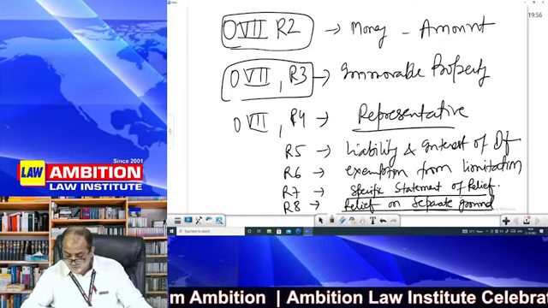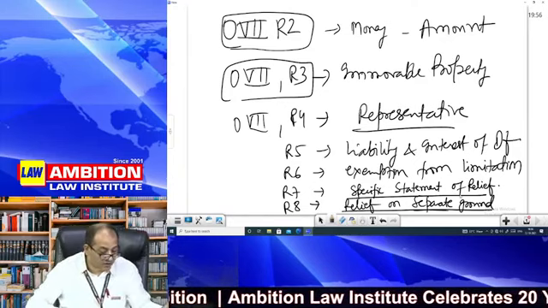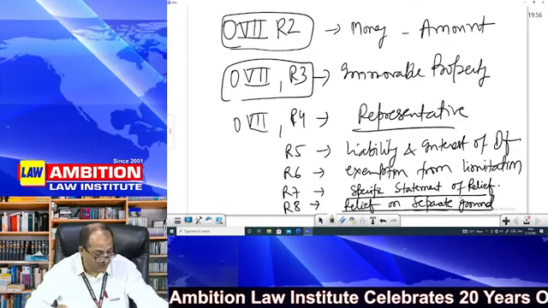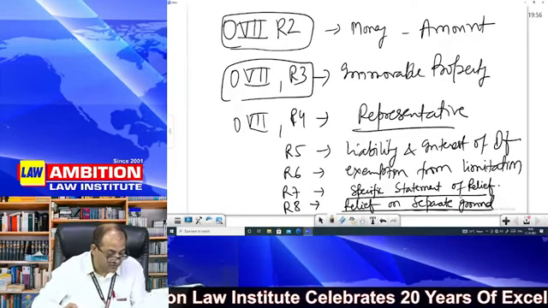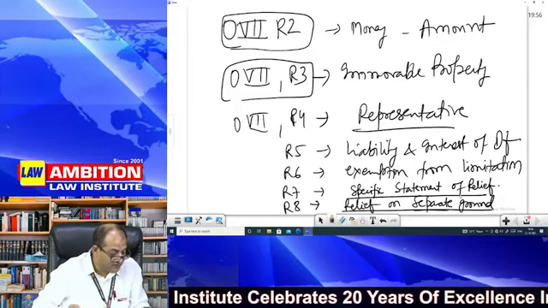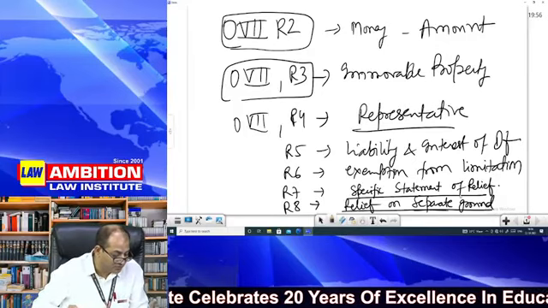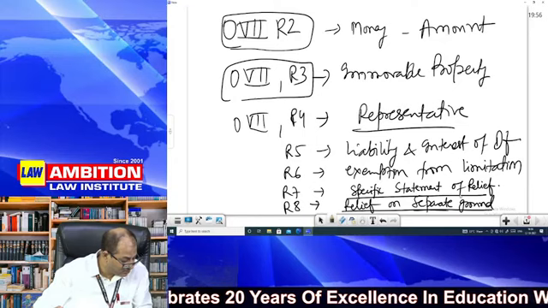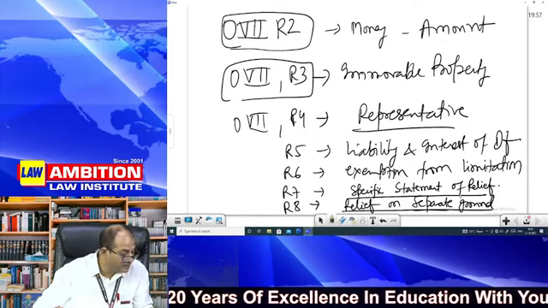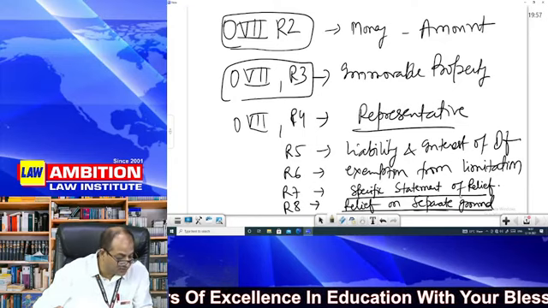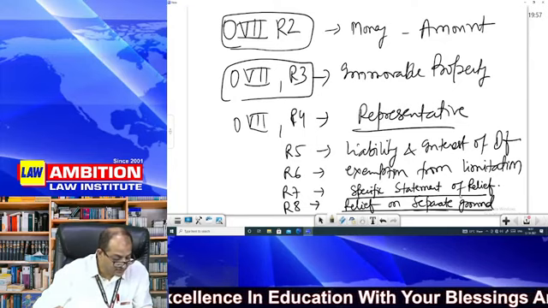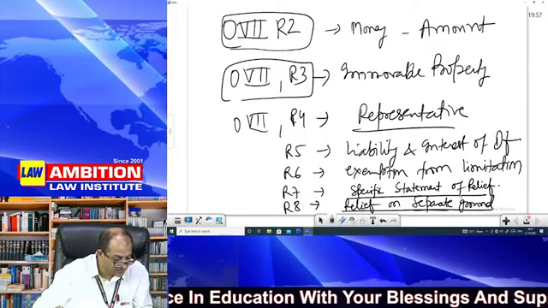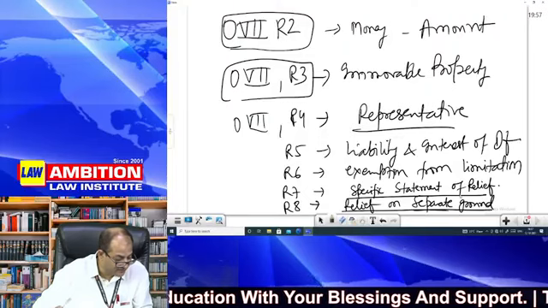Order 6, Rule 6 with Order 7, Rule 1. We can read all things. Order 6 and 7 have to be read together for proper drafting of plaint. Now, for proper drafting of plaint, you have to read them all together. Distinctly specified in pleading by pleading.